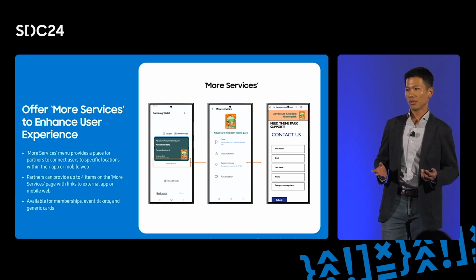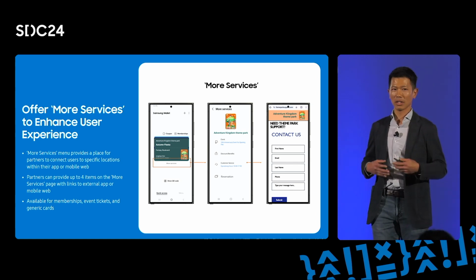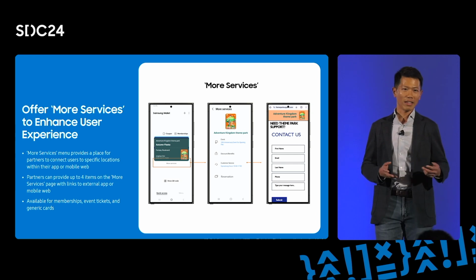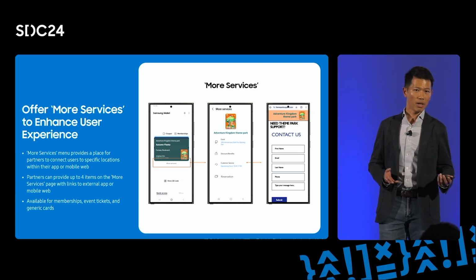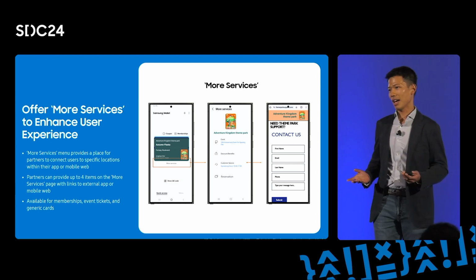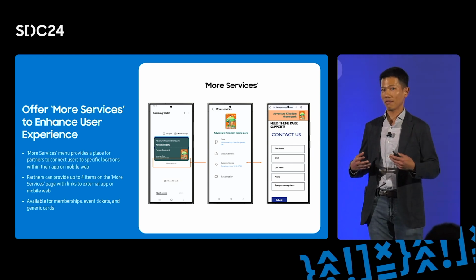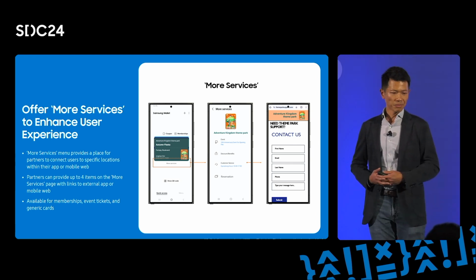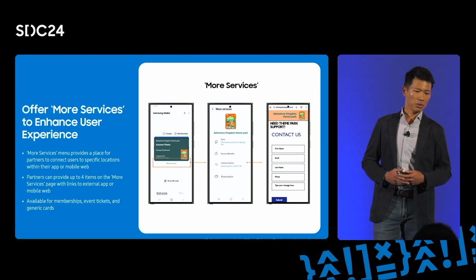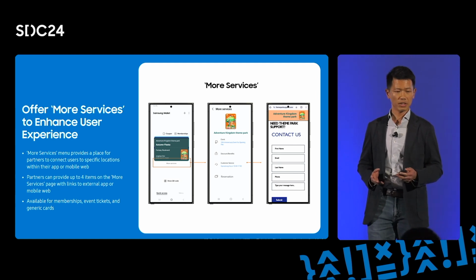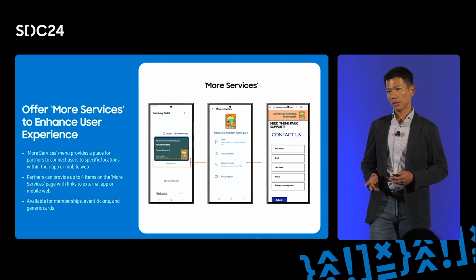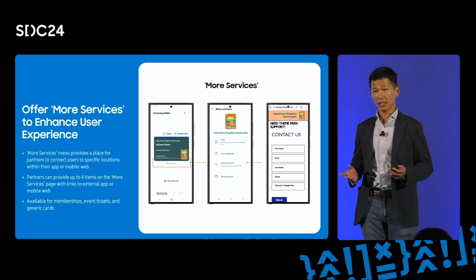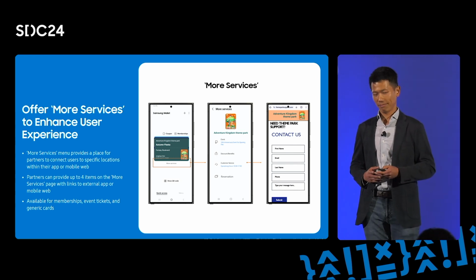For example, an amusement park partner may want to provide a link to an interactive map of the park or a special events calendar, such as upcoming fireworks or parades. Partners can provide up to 4 items on the More Services menu, and this feature is available for memberships, event tickets, and generic cards.